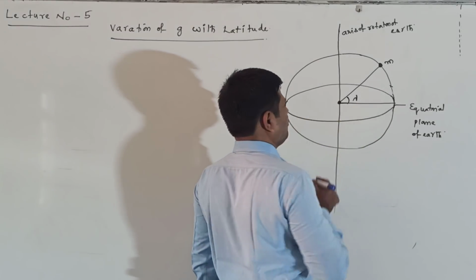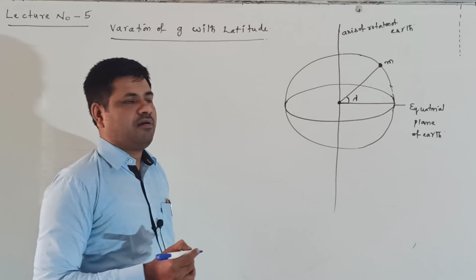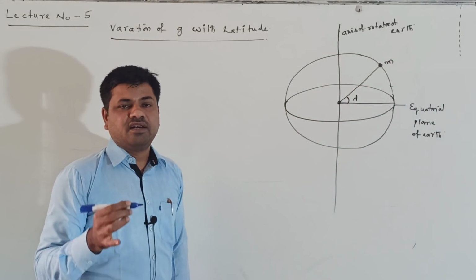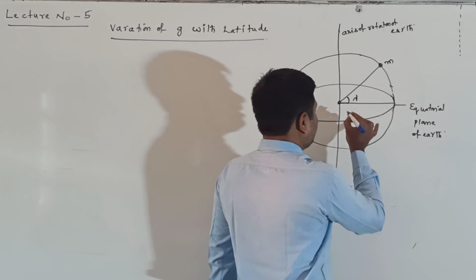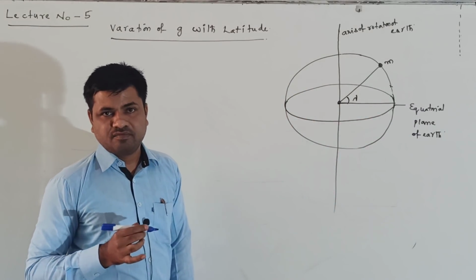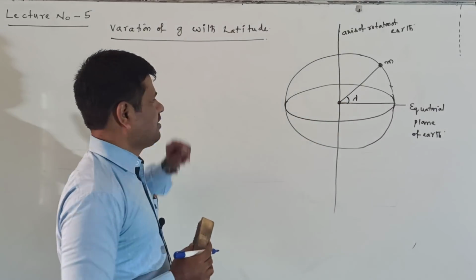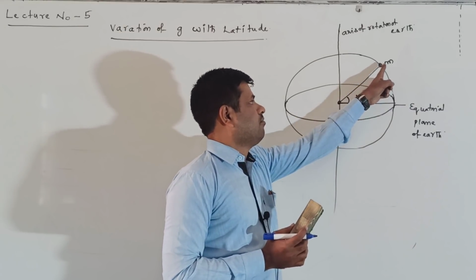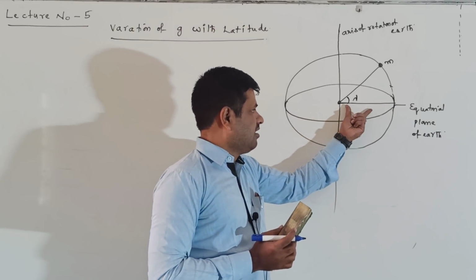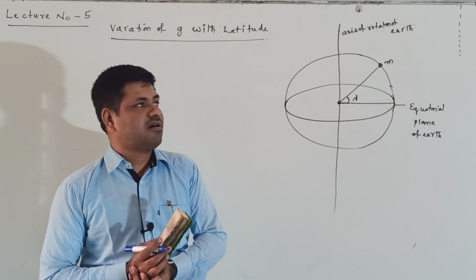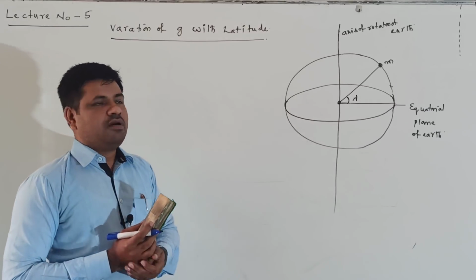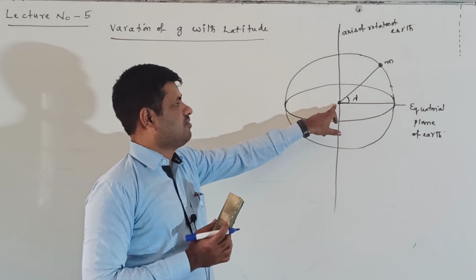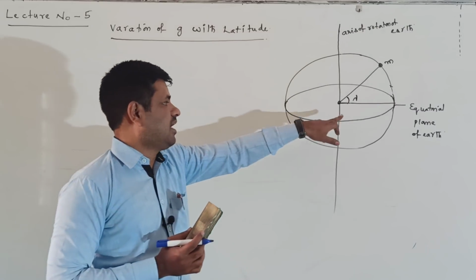What is the latitude? It is the angle made by the line joining the center of the earth to the body with the equatorial plane of earth.